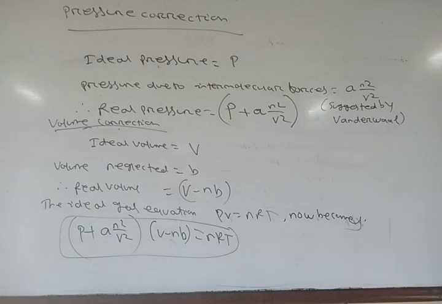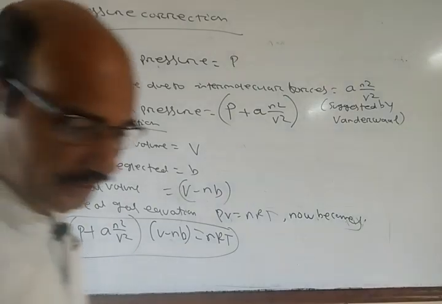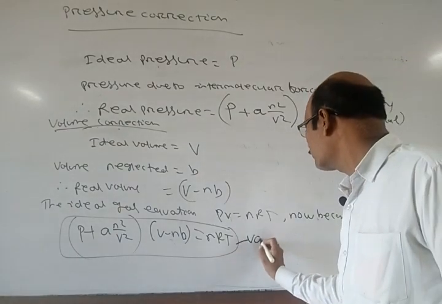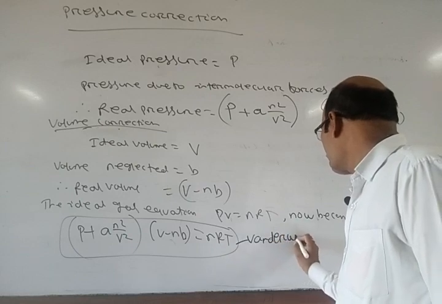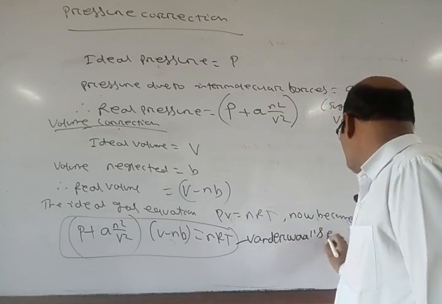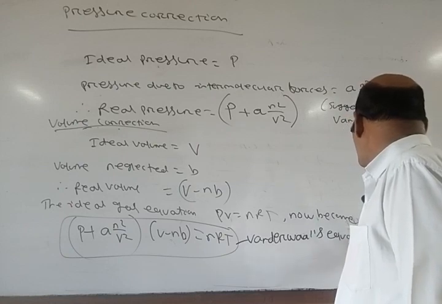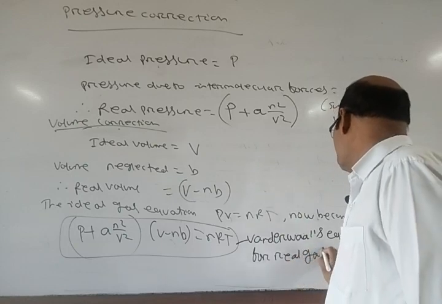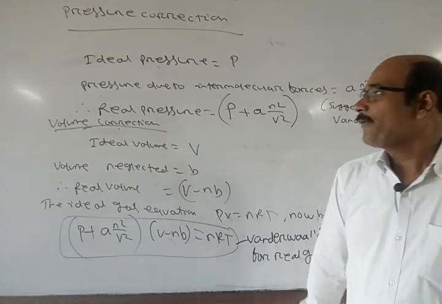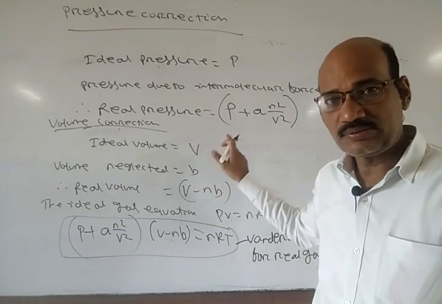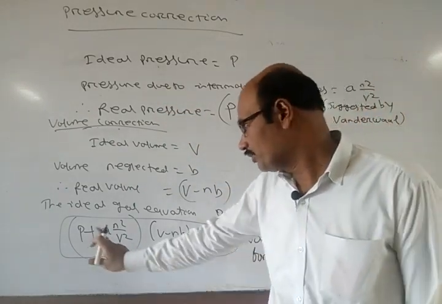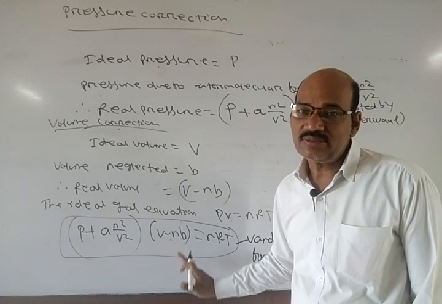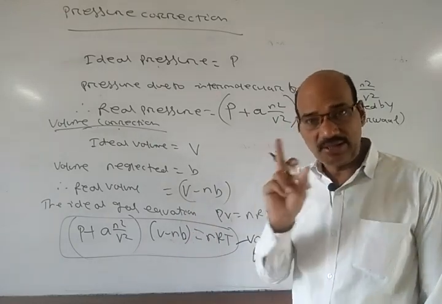So this is called the Van der Waals equation of state for n moles of a real gas. So after the pressure correction and volume correction, finally we get P plus a n square by V square, times V minus nb, equal to nRT.